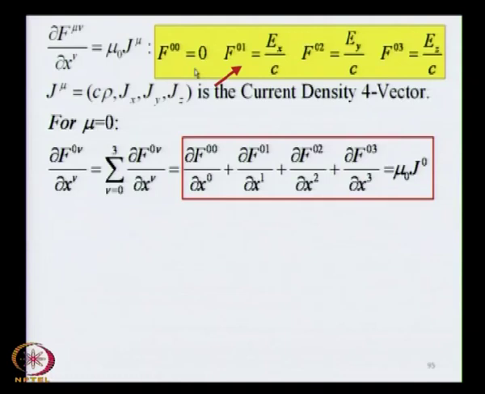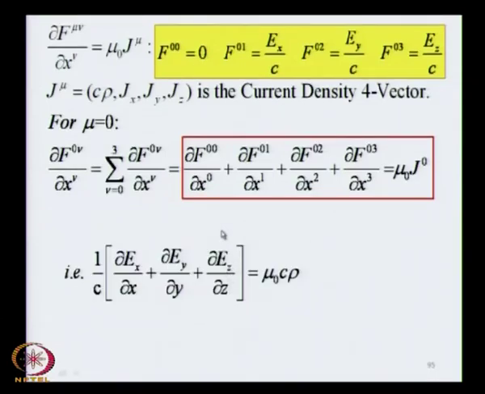So, F00 we have already seen is 0, this is coming from the anti-symmetric tensor for the electromagnetic field. F01 is Ex over c, F02 you have to take its derivative with respect to x2, and then F03 is Ez over c, and you have to take its derivative with respect to x3, and you already know what these terms are. So, just take those derivatives term by term, and the first term of course will give you 0 because F00 is 0.